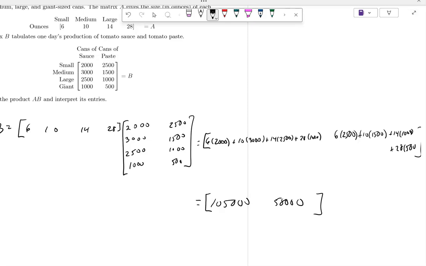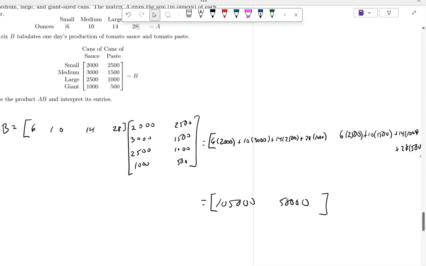So the problem asks us to interpret what's going on. Let's think back to the problem. The A matrix here is representing the number of ounces that each particular type of can holds, right? So a small can holds 6 ounces, a medium can holds 10 ounces, a large can holds 14, a giant can holds 28.